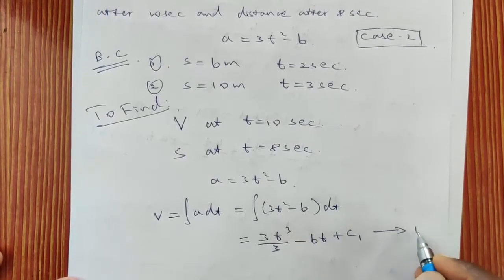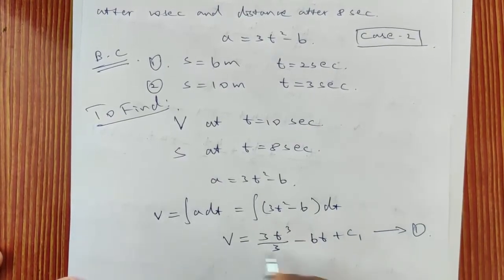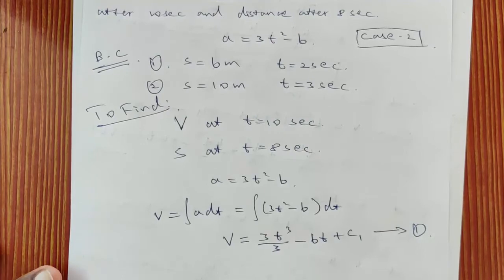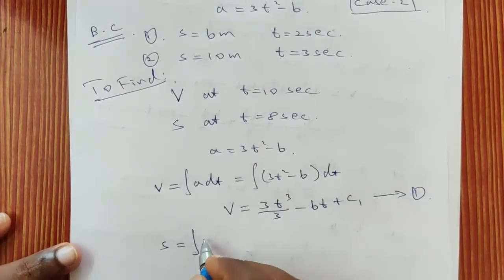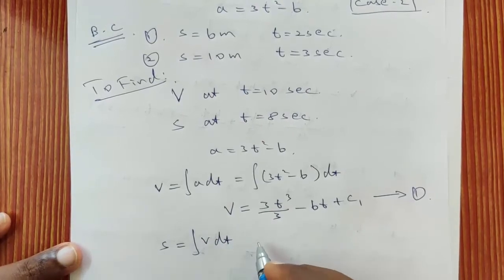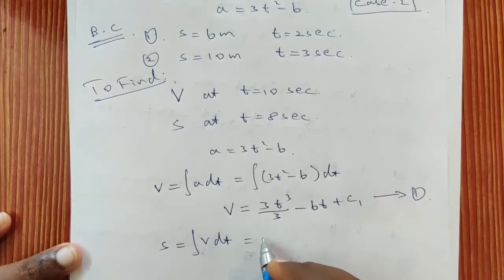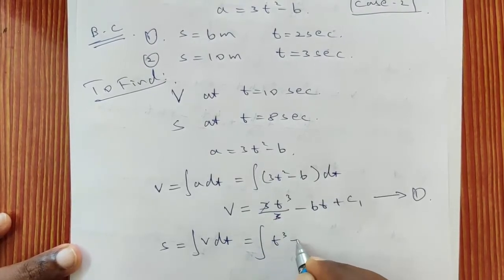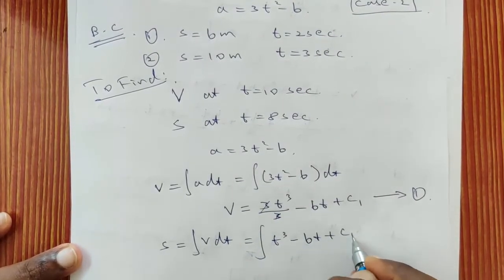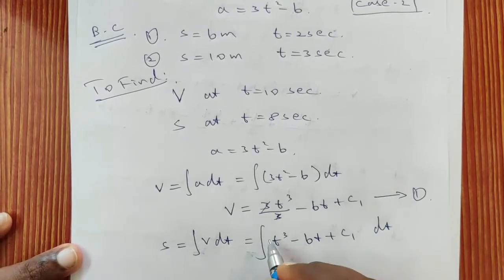So here c1 is the constant for the first integration. Keep this as equation number 1. Then further s is equal to integral of v dt, that is equal to integral of 3 gets cancelled, t cube minus 6t plus c1 into dt.